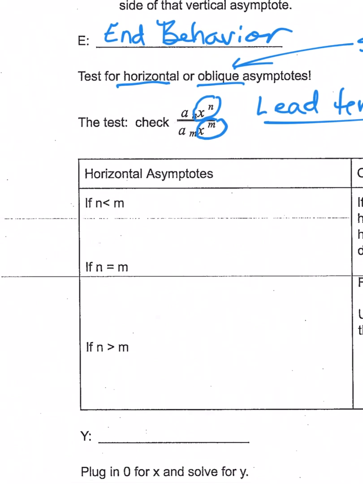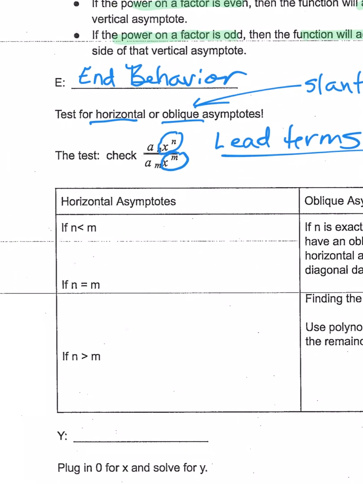If the power in the top is smaller, in other words, numerator power is less than denominator power. Guys, an example of that would be if we had 2x squared over 3x cubed. Do you see what I'm saying?